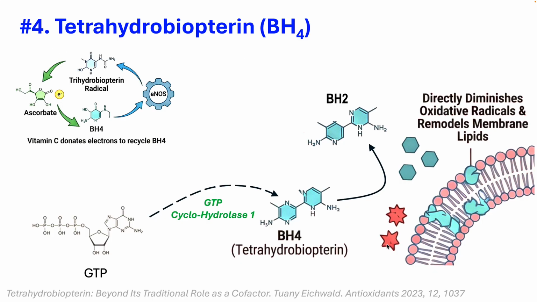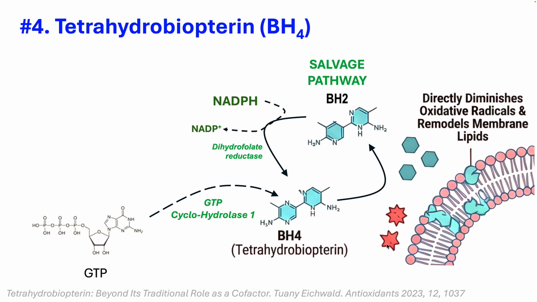As with other antioxidants, BH4 is oxidized after donating an electron, forming a trihydrobiopterin radical that must be recycled. And here vitamin C rises to the occasion and can reduce this radical back to BH4. In addition, BH4 can be regenerated from BH2 via dihydrofolate reductase in an NADPH dependent reaction.